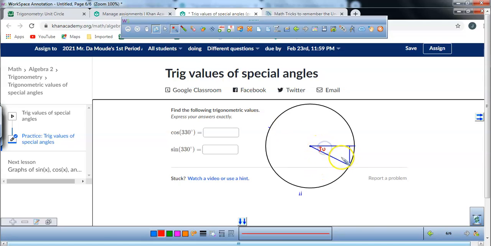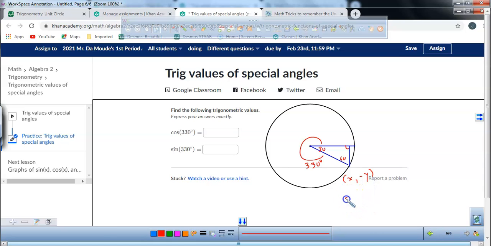There's the 30, there's the 60, there's the 90. This went 330 degrees. We can clearly see that the x value is going to be positive, but the y value is going to be negative.